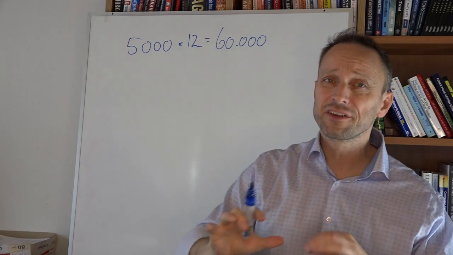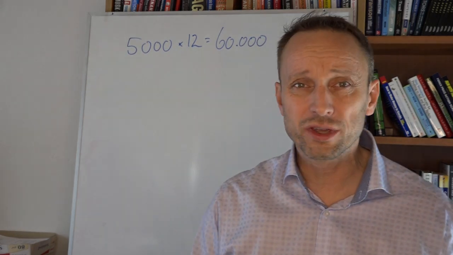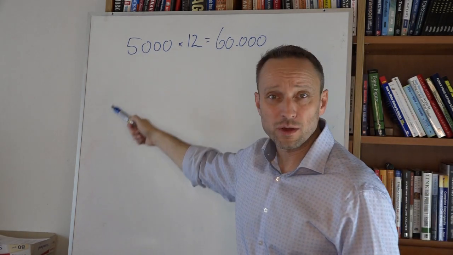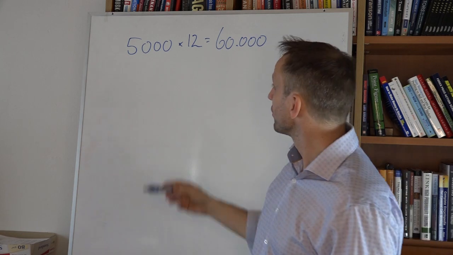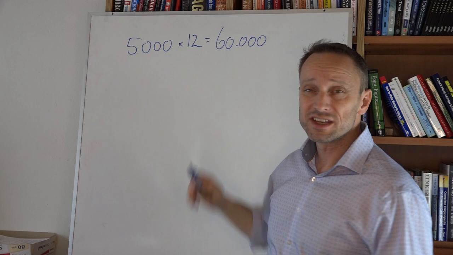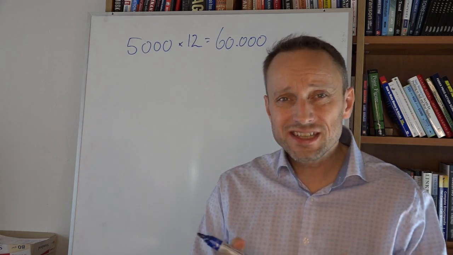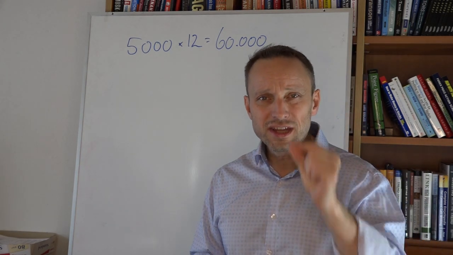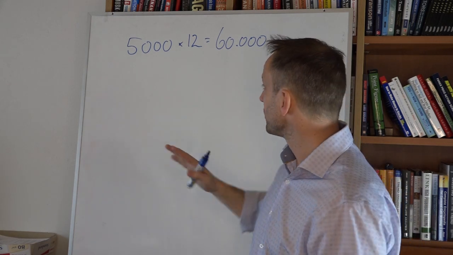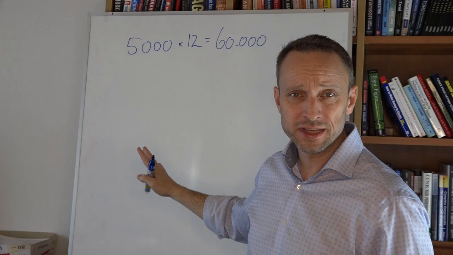If you're single, living in a cheap flat with no car, no kids, etc., and don't spend much money, maybe that is $2,000. But let's just make it $5,000 here for this case. Times 12 equals $60,000. Now $60,000 is what you need to get every single year to make sure that you can pay all of your expenses.